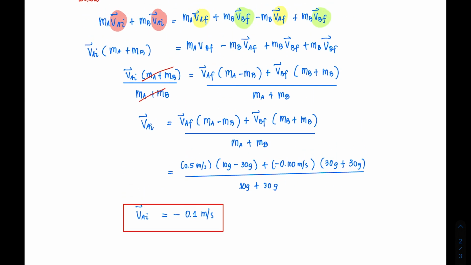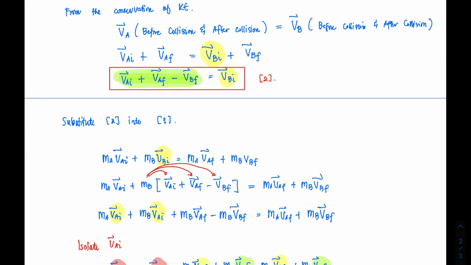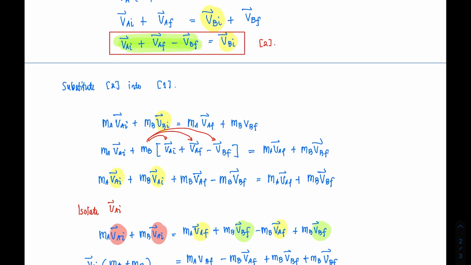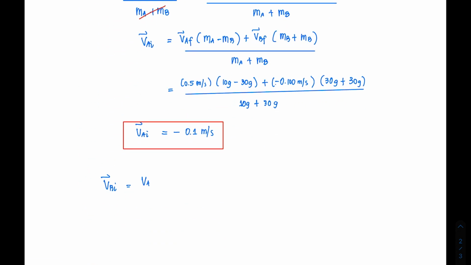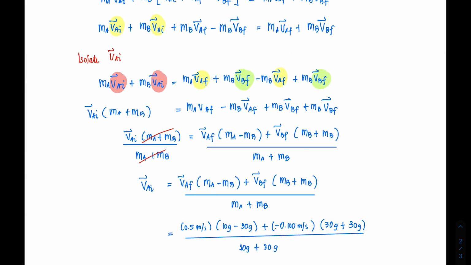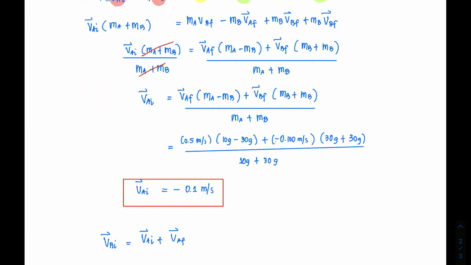Okay, so this is just the tedious part. The rest is very easy because if you solve for VBI, that means how fast ball B is moving, you are just going to use equation 2 above that one. So that is just VAI plus VAF minus VBF.